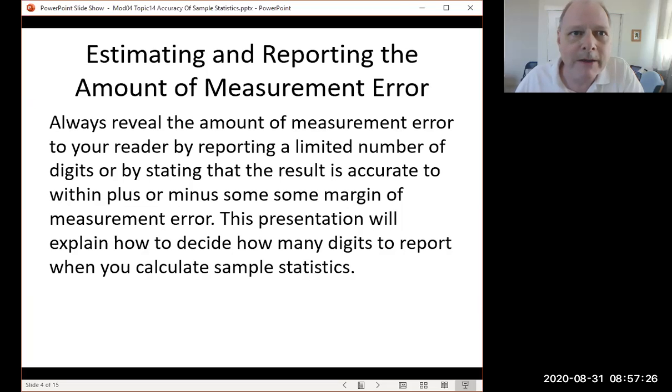So we're only going to get so far with the discussion as to decide, do I write my statistic down to the nearest tenth of a pound or the nearest hundredth of a pound, based on how accurate we think the original measurements were.